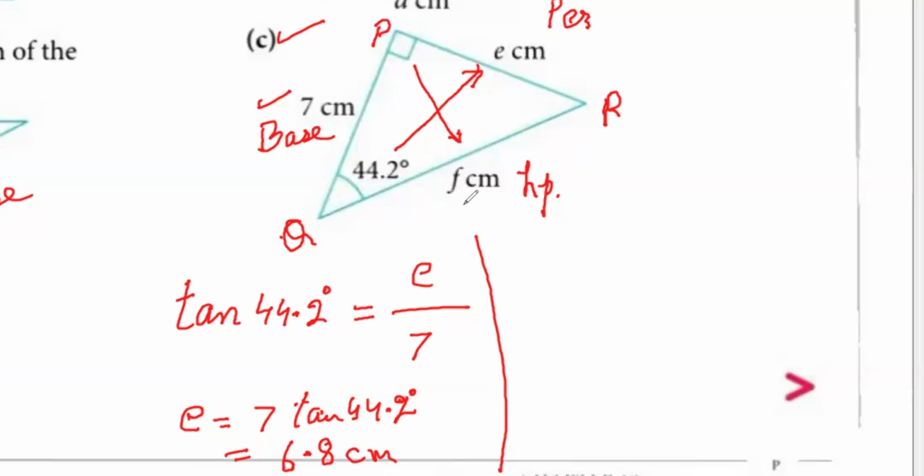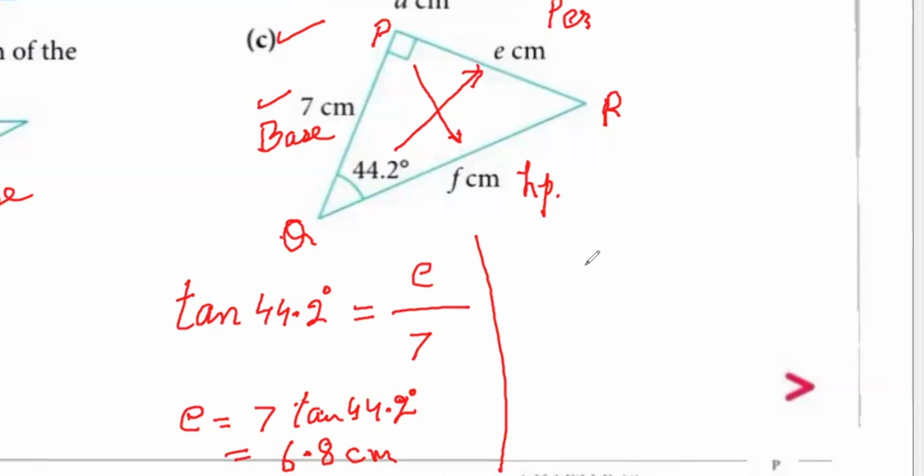Now with whatever ratio you can use, because we have already calculated the side E. Please listen to me carefully that we have already calculated the perpendicular and the base is already given. So to find out this side F, you can also apply the Pythagoras theorem if you want to, because you can see that it is a prerequisite of the Pythagoras theorem that if the two sides of the right angle triangle are given, then you can also find out the third side with the help of the Pythagoras theorem.